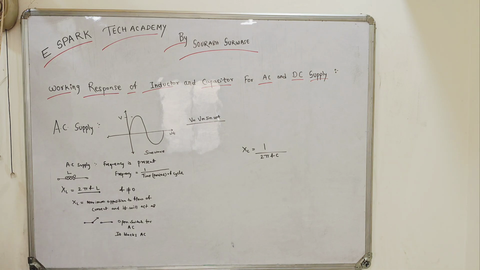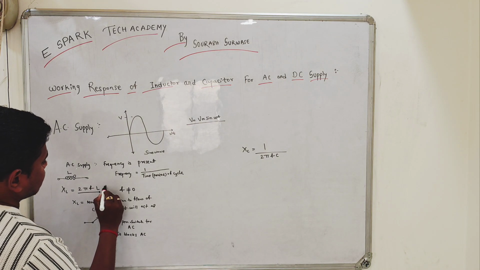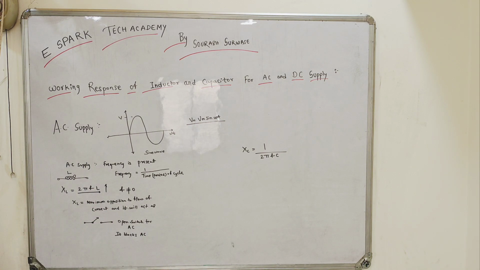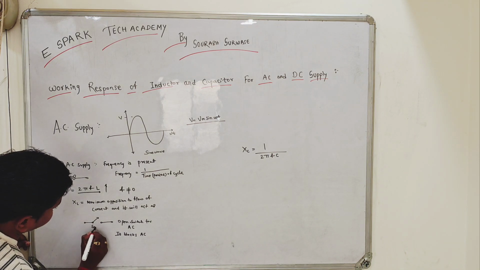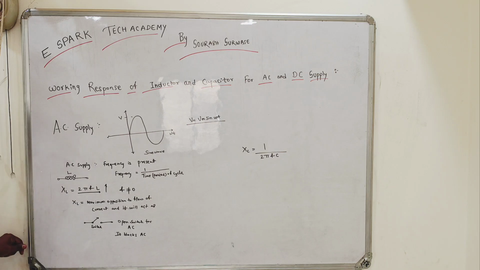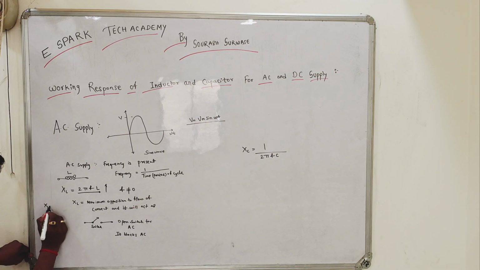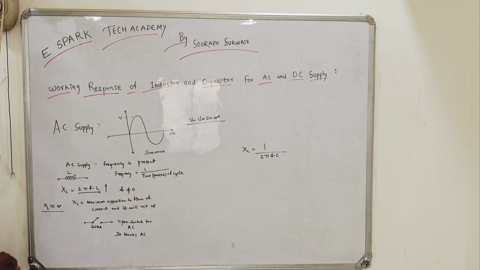As frequency is non-zero here, the XL will be maximum, hence maximum opposition to flow of current. It will act as open switch, and sometimes its value may be equal to infinity, you can say.